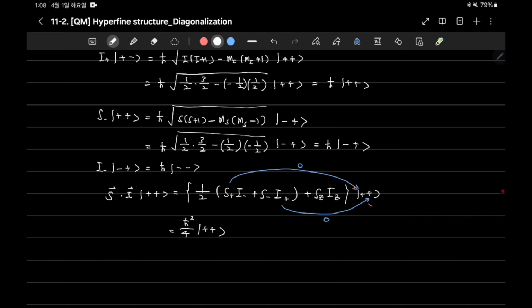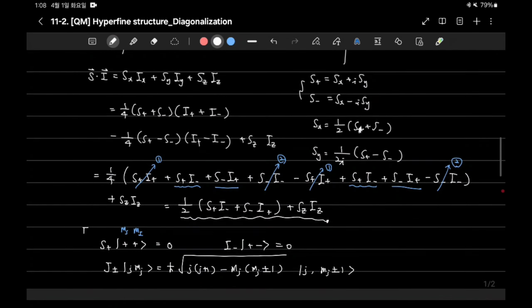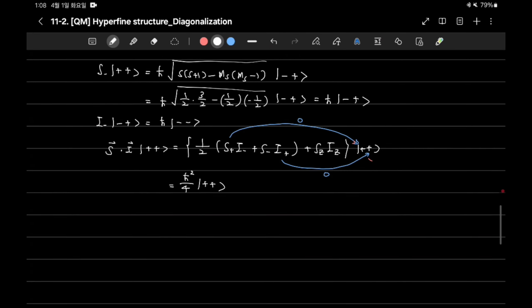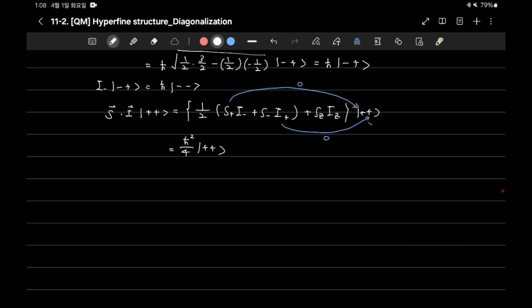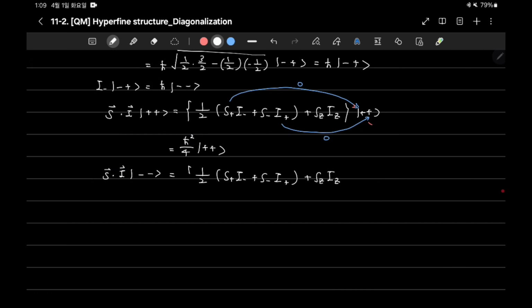Also sgig. Okay, so then s dot i applied to minus minus: this term applied to minus minus, here also i minus applied and s minus applied, then it makes 0.